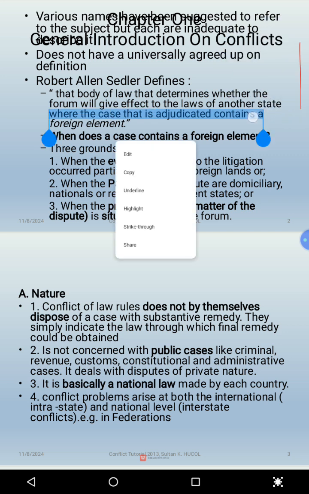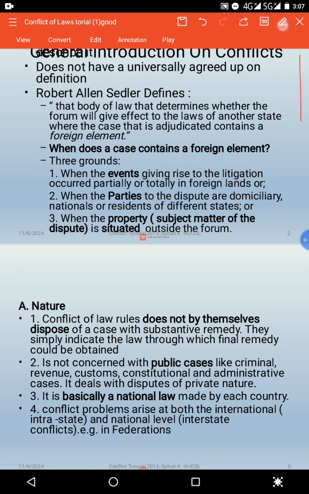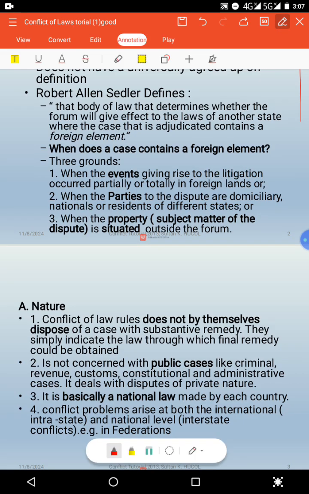If there is a foreign element, there must be a conflict of laws. You must understand this. If there is a foreign element, there is conflict of laws.